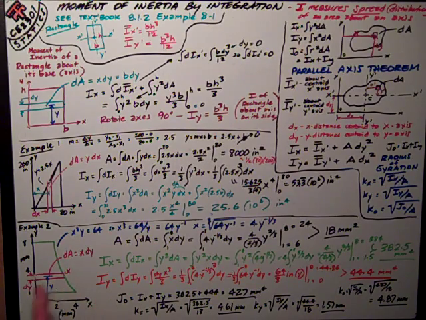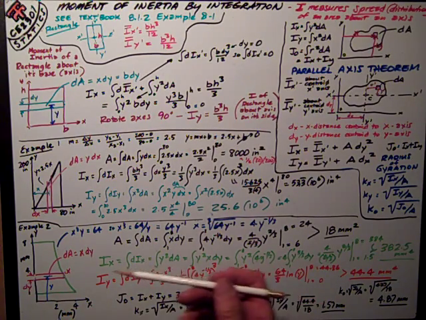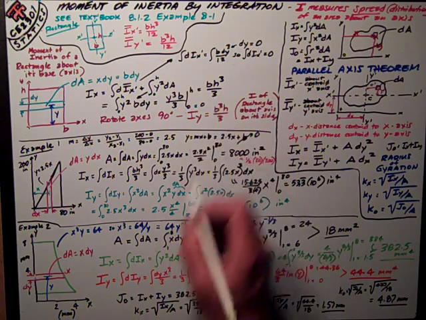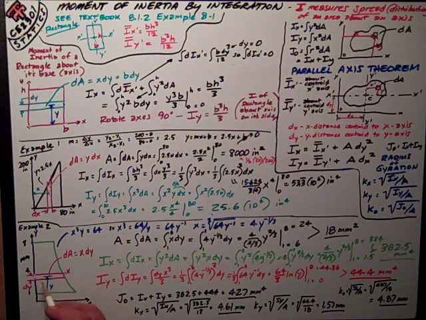So the key thing to remember is, whenever I'm doing an integral, I'm trying to find the moment of inertia about an axis that bounds it, I need to use that bh cubed over 3 number. Or you might look at it as b cubed h over 3, if you consider this b and that h.